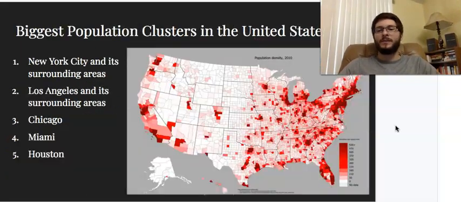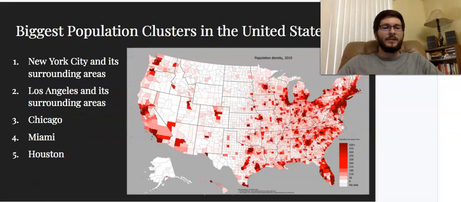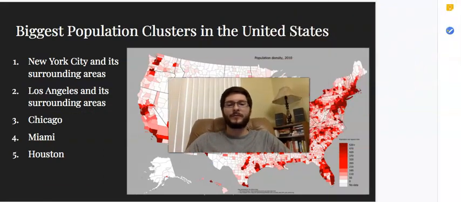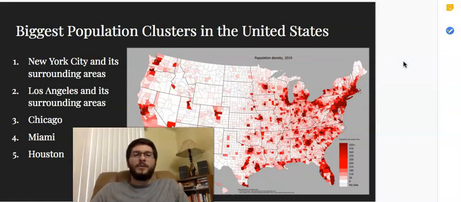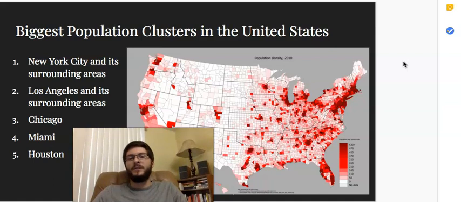Okay, and so here in the United States, here's a really quick overview of the most concentrated parts of the United States. This is actually broken down by county, but the number one most concentrated area is New York City.